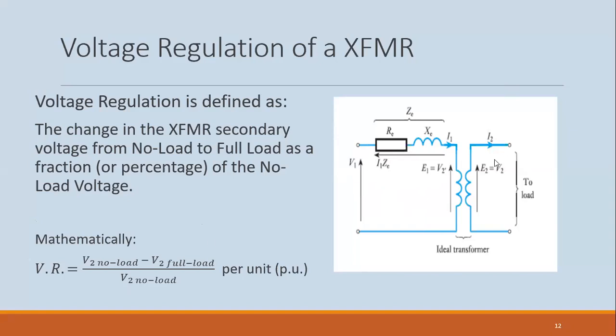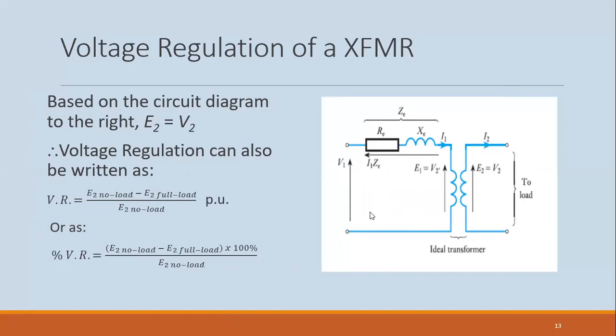When we're comparing voltage regulation, technically we should be looking at the secondary voltage. I said technically because I will explain in a little while that we can actually use the primary voltages also. E2, as you can see from this circuit, would be equal to V2, since there are no voltage drops across any winding here. So I could write the voltage regulation as E2 no load minus E2 at full load, divided by E2 at no load.